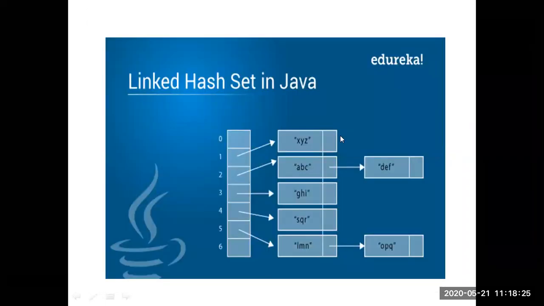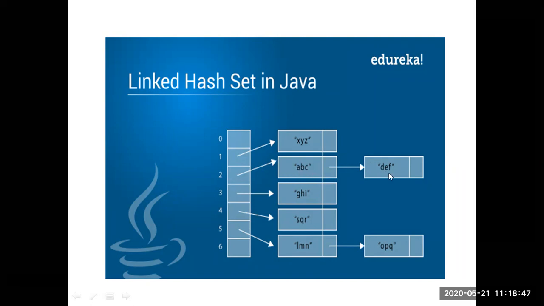For the key 2, first for the element ABC, the answer given by the hash function is location 2. So in location 2, we stored the element ABC.